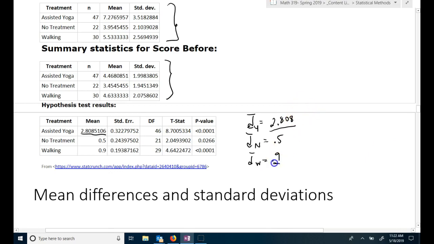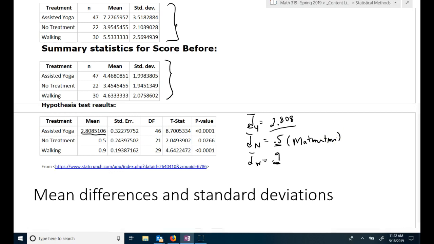On the other hand, the walking group, just by doing exercise, got an improvement in independence of almost 1, which might be pretty good, so it's not nothing, but it's not 2.808, okay? And the group that did nothing, their score was 0.5, and this is due to simply maturation, right? Because they did nothing, their change due to maturation is just the 0.5, okay?